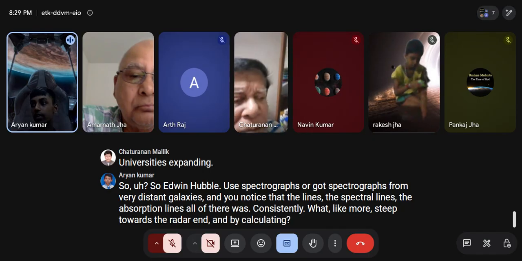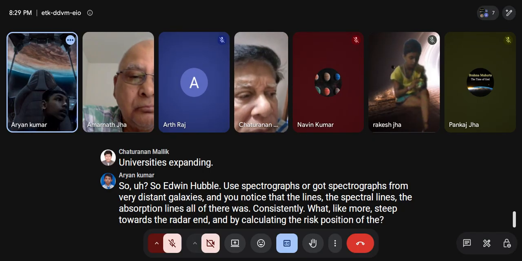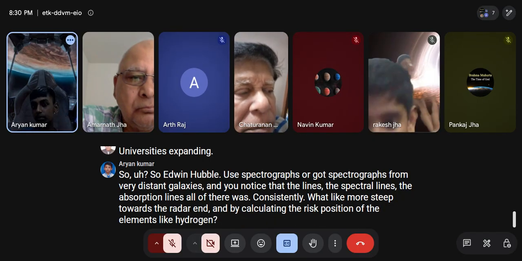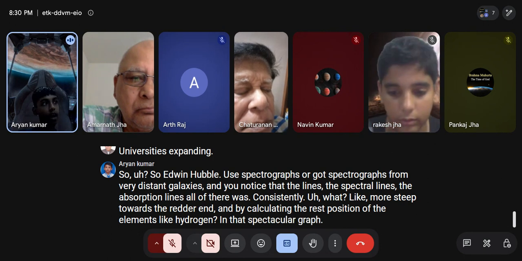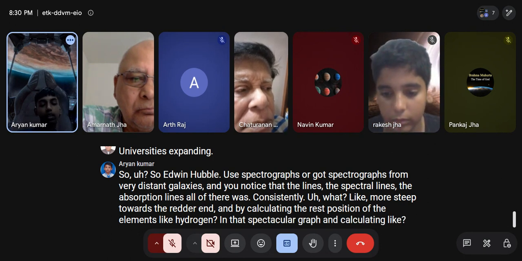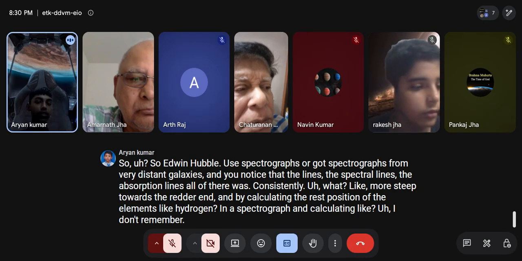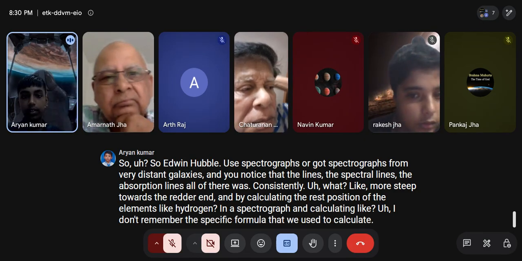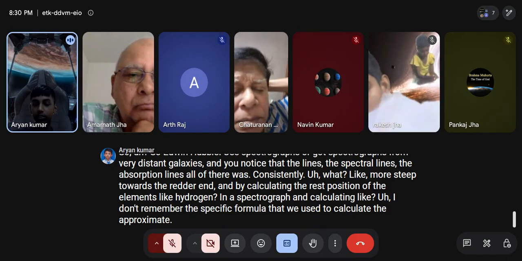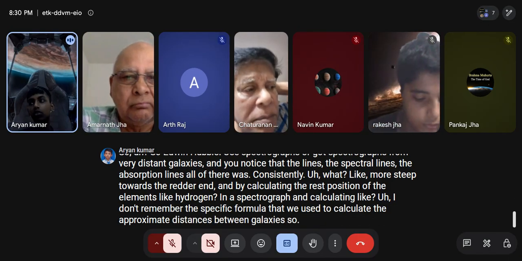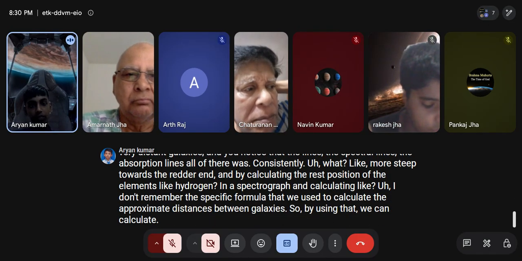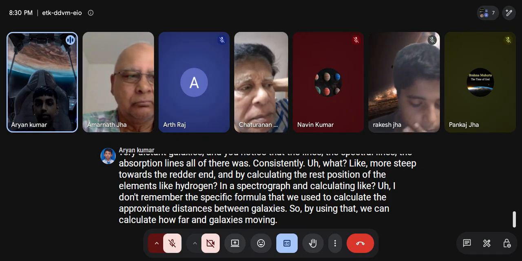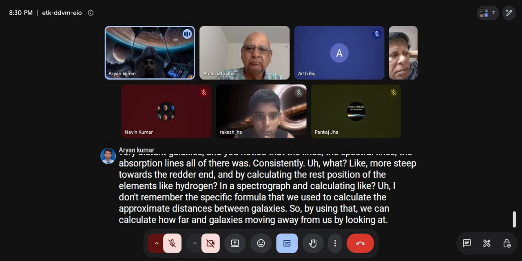By calculating the rest position of elements like hydrogen in the spectrograph, and using a formula to calculate the approximate distance between galaxies, we can calculate how fast a galaxy is moving away from us by looking at its spectrograph.